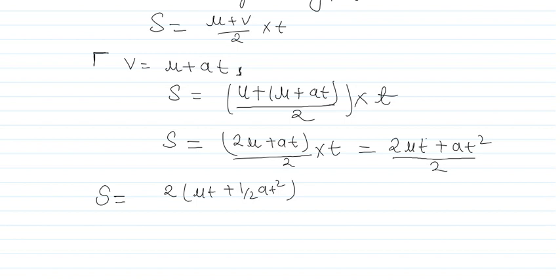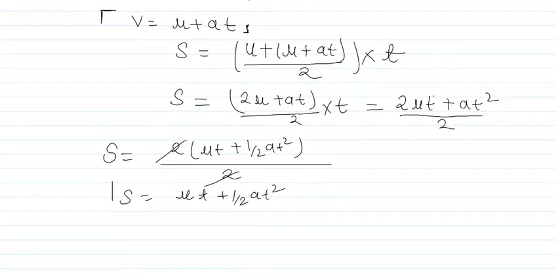We just took 2 as common, so here 2, and there is no 2 in this term, so it will be 1 upon 2 at square. This 2 and this 2 will cancel out, and we get ut plus half at square, and this is our second equation of motion.